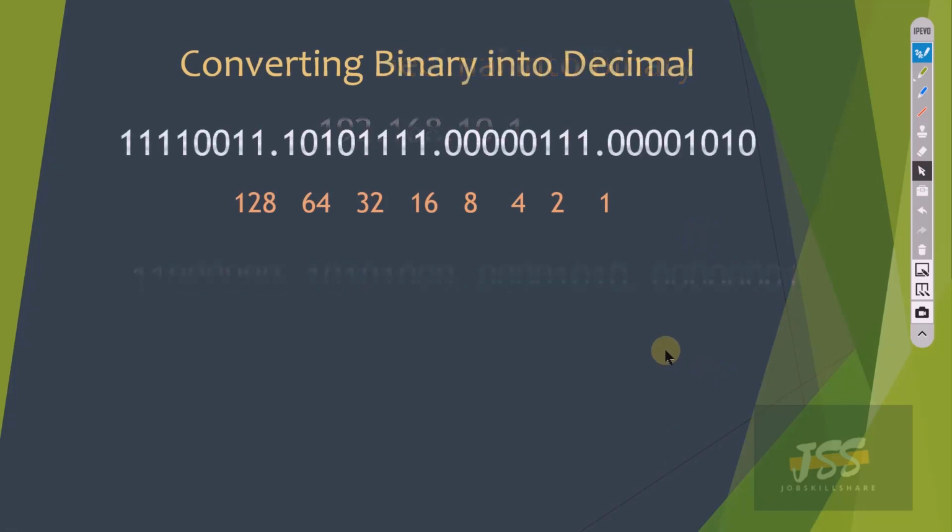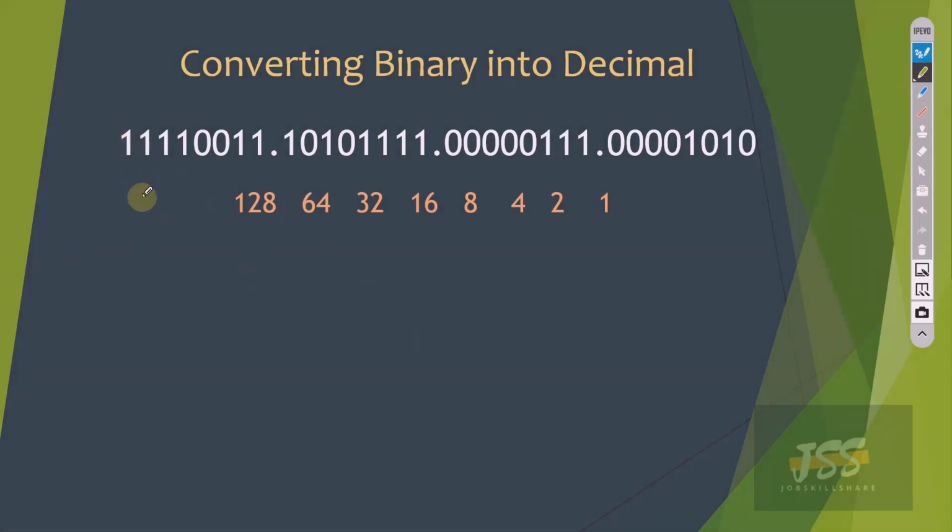So let's head over to the next slide, which is talking about binary into decimal. The idea is very much the same. We can see this is the binary notation and then we have to convert it into decimal. So let's do it.